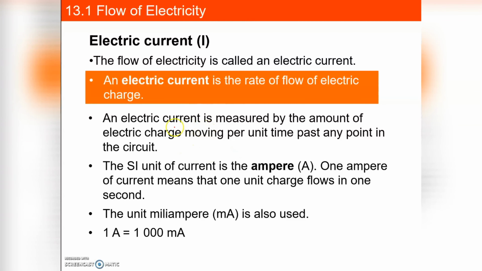So electric current is measured by the amount of electric charge moving per unit time.